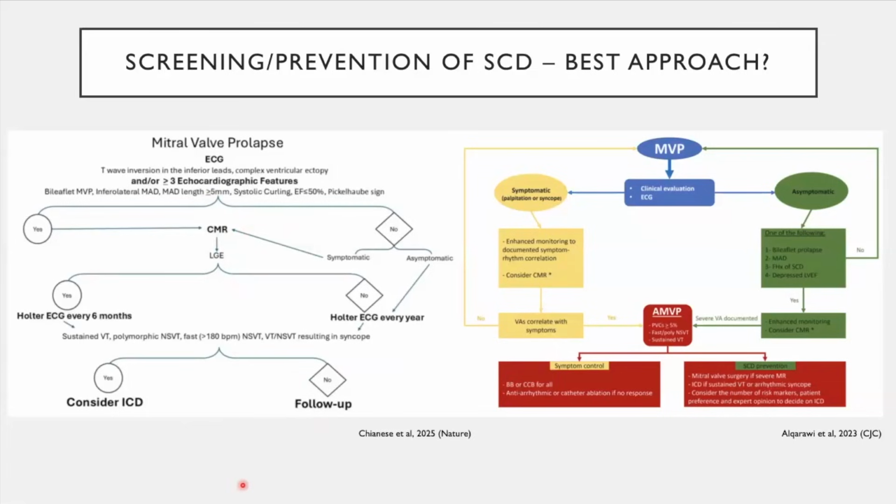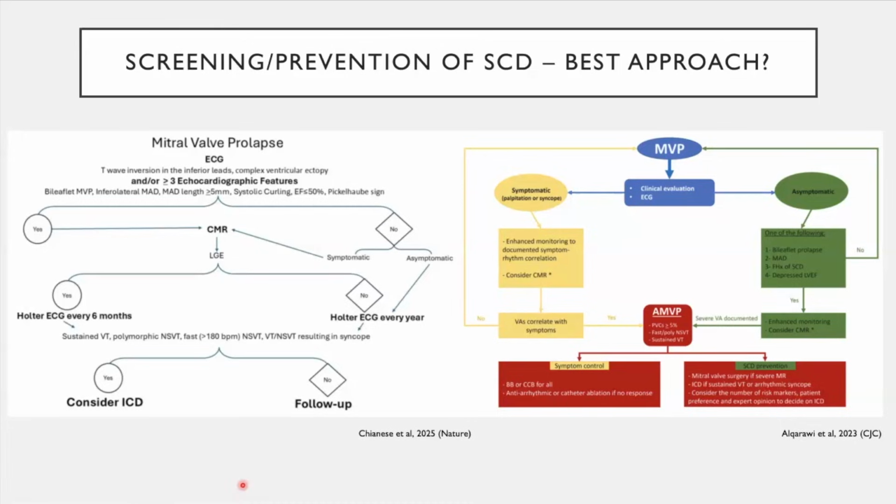If there is late gadolinium enhancement, they should have Holter ECG every 6 months. And if there's evidence of sustained VT, polymorphic NSVT, or VT or NSVT resulting in syncope, there should be a patient-informed discussion about consideration for an ICD.